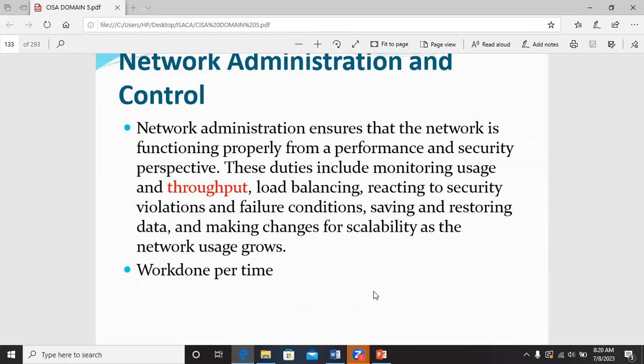You need to be able to monitor what is happening on the network, who logged in, who logged out, what protocols are in use, because some protocols may be banned in the organization, and what locations people are logging in from. It could be of interest to you.